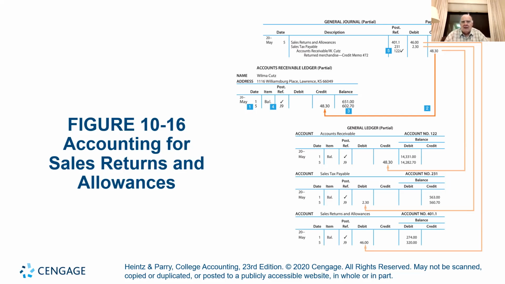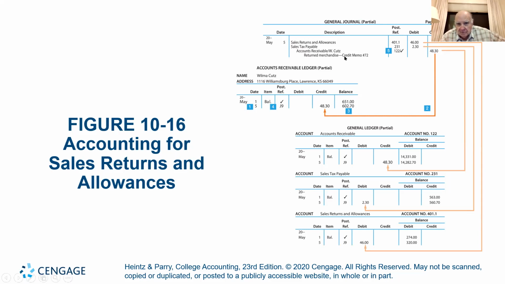So now let's talk about sales returns, okay? Sales returns. Let's look at this journal entry. Wilma Cruz, remember her? We sold her 600, and we sold her so much in sales and so much in sales tax payable, okay?